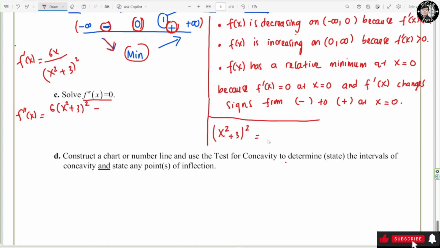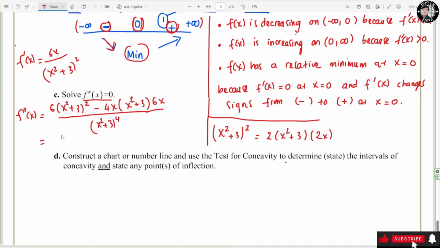Bring 2 to the front, and then (s squared plus 3) to the power of 1, and then times the derivative of the inner function right here, which is 2s. So I'm going to put it over here. It should be 4s times (s squared plus 3), over (s squared plus 3) altogether squared, and then squared is going to be power 4, right?